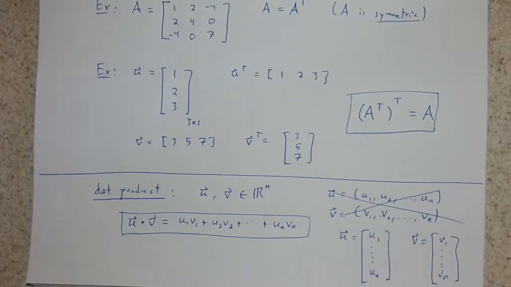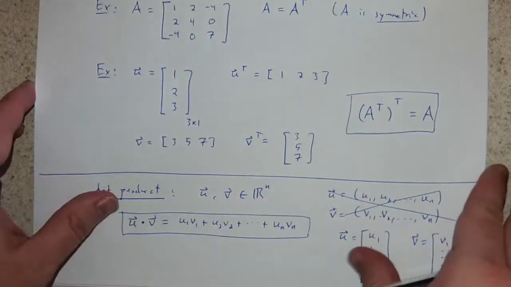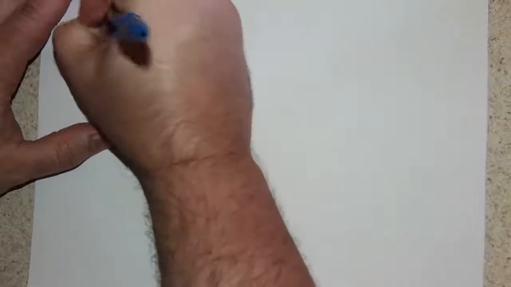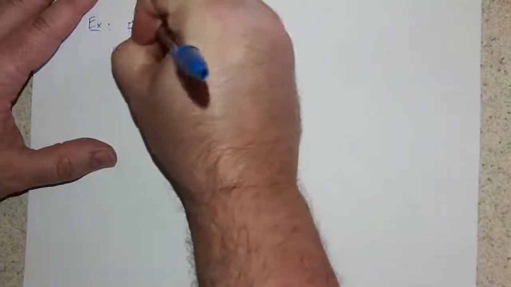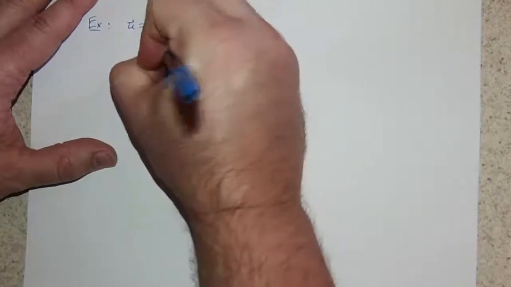All right, so that's how you dot two vectors together. Now, where am I going with this? Let's do a quick example of dotting two vectors together. Let u be the vector 1, 2, 3.